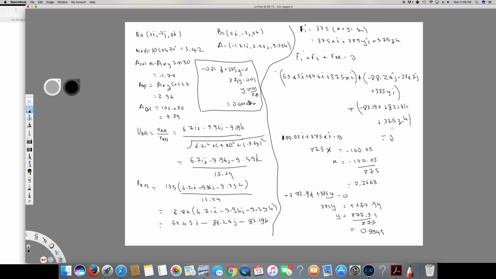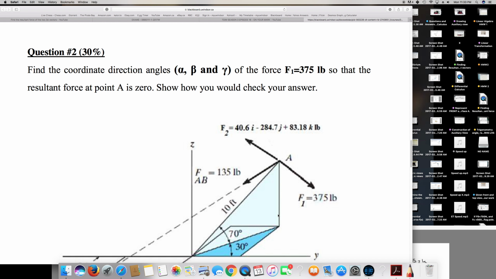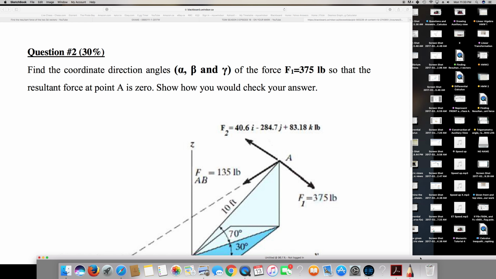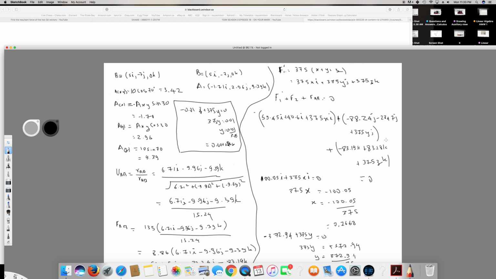So in this case fc doesn't multiply with 375. Let's see why. Because there's no vertical component. So it doesn't multiply with 375. Therefore we can directly find the c right here.